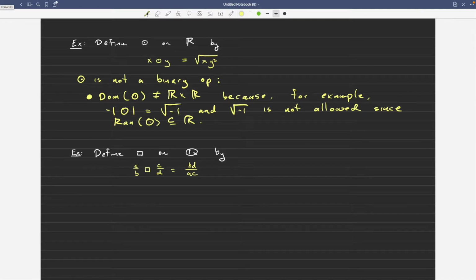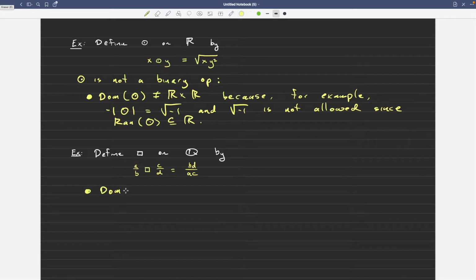Okay, in the next example, we're defining a binary operation square on the rationals by A over B square C over D equals BD over AC. Now this one, we definitely have a domain problem because the numerators of those fractions could be 0.